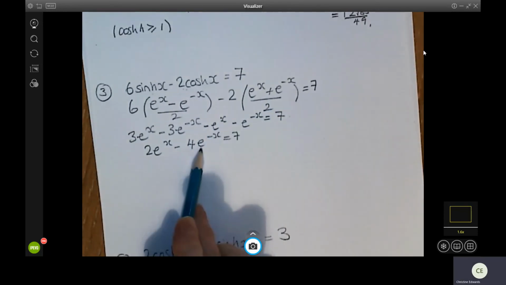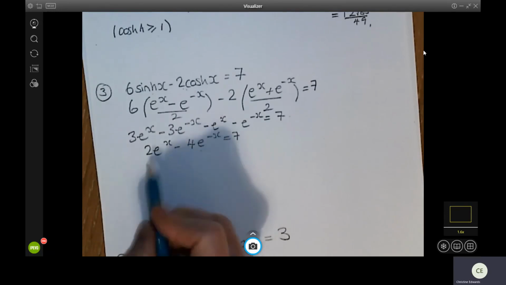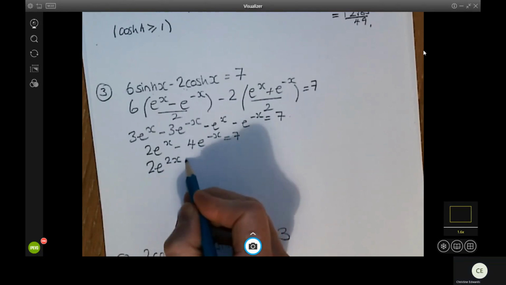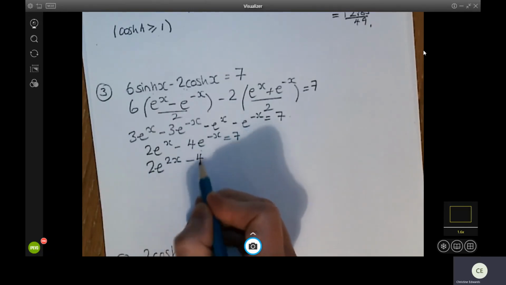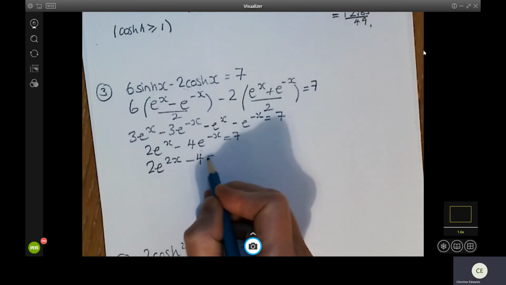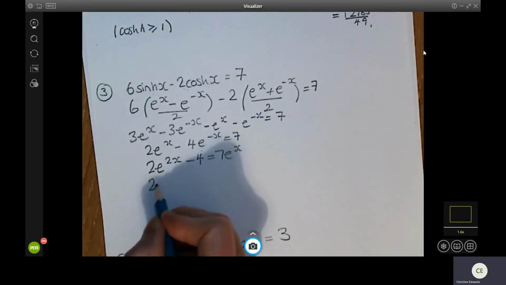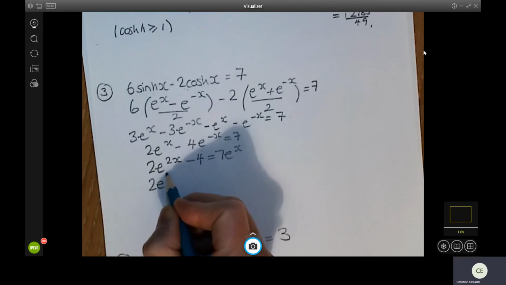I need to deal with the e^(-x) by multiplying the equation through by e^x, so that will give me 2e^(2x) minus 4 equals 7e^x. So I have a quadratic in e^x.